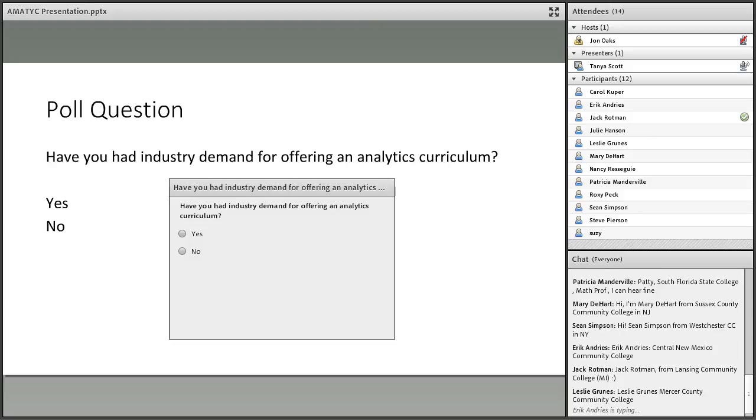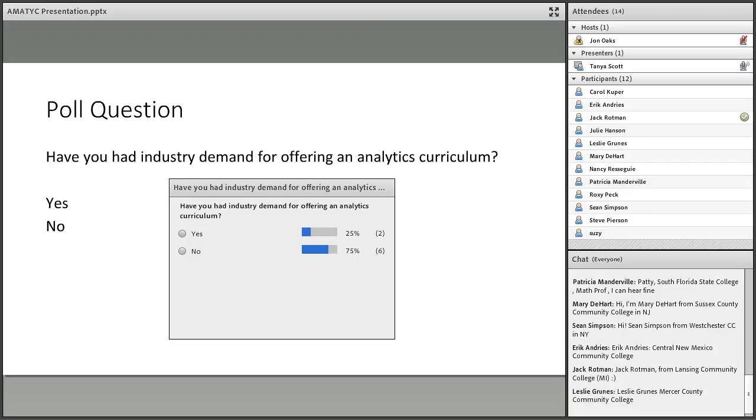In some of the community colleges I've spoken to date who've been interested in creating this kind of a curriculum, it's usually because a company has approached them and asked if they could offer some classes in this field. So that's not surprising.